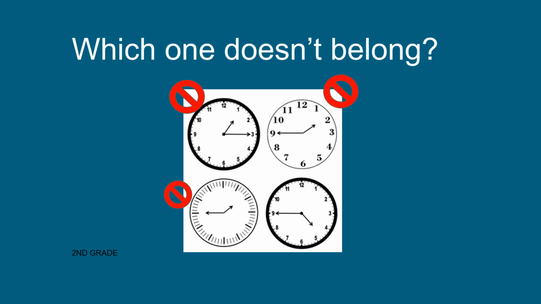The second clock doesn't belong because it does not have any minute markings between the numbers on the clock face. And the fourth clock doesn't belong because the hour hand is pointing down toward the 5. And on all of the other clocks, the hour hand is pointing up towards 1 or 2. Did you think of any other reasons why one of the clocks doesn't belong?